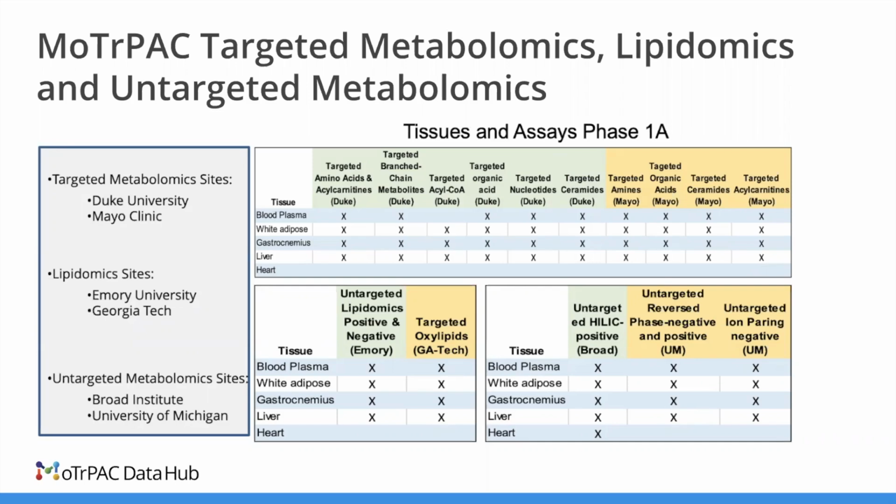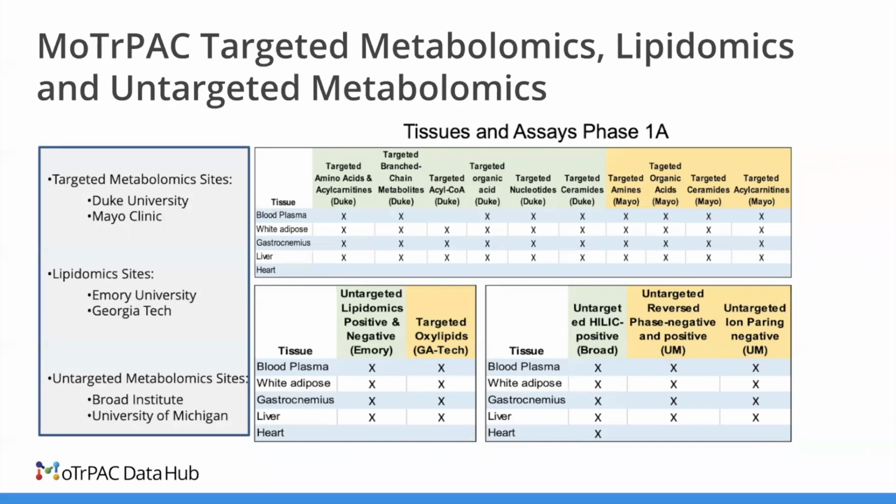Targeted assays are being done at Duke University and Mayo Clinic. The targeted assays are analyzing specific metabolites through high sensitivity and quantitative measures. Lipidomics are done both in a targeted and untargeted manner. Targeted stuff is being done at Georgia Tech, mostly the oxylipins, and untargeted sites are the University of Michigan, where I'm at, and the Broad Institute, run by Clary Klisch.